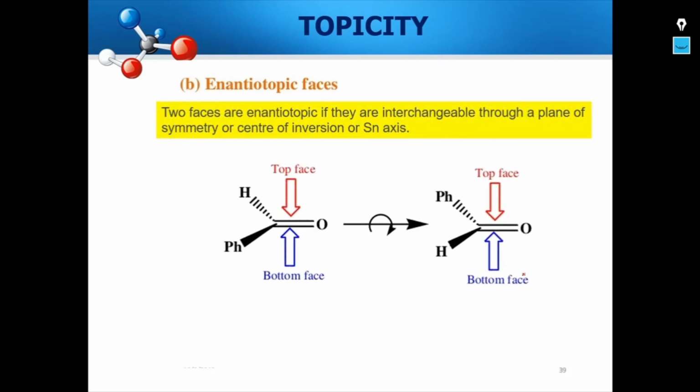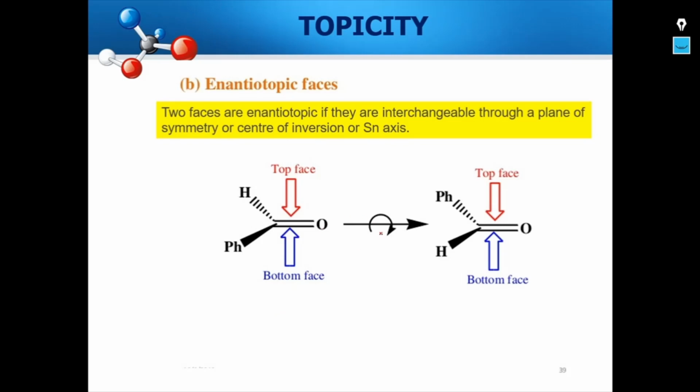Now, what are enantiotopic faces? Two faces are said to be enantiotopic if they are interchangeable through a plane of symmetry, a center of inversion, or an SN axis. The same principle that we applied for identifying enantiotopic ligands also applies for identifying enantiotopic faces.